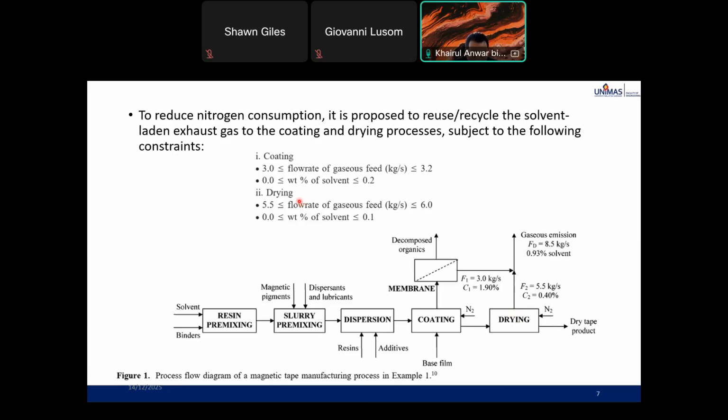For the coating, the flow rate of gaseous feed is between 2 to 3.2, and solvent concentration is between 0 to 0.2. Drying is 5.5, flow rate of gaseous feed is 5 to 6, concentration between 0 and 1.